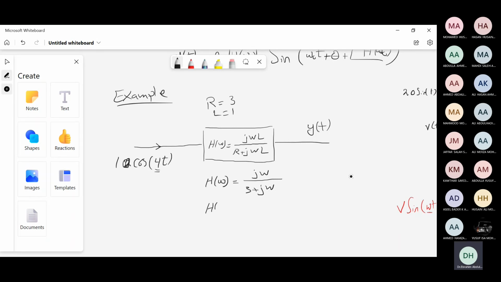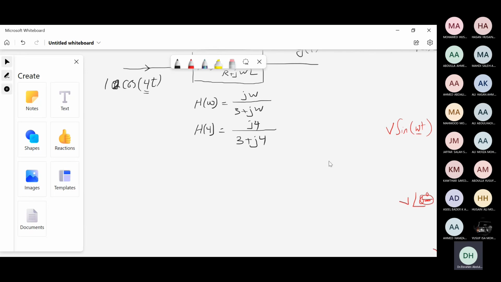So h of 4 equals j4 divided by 3 plus j4. Change it to polar, find the result and express it in polar. It becomes 0.8, angle 36.87.